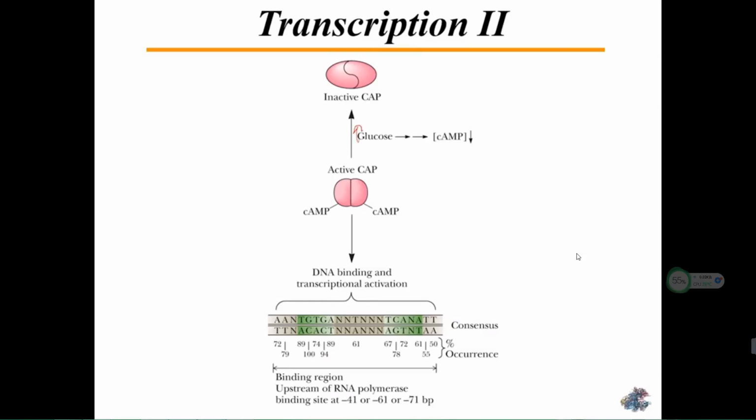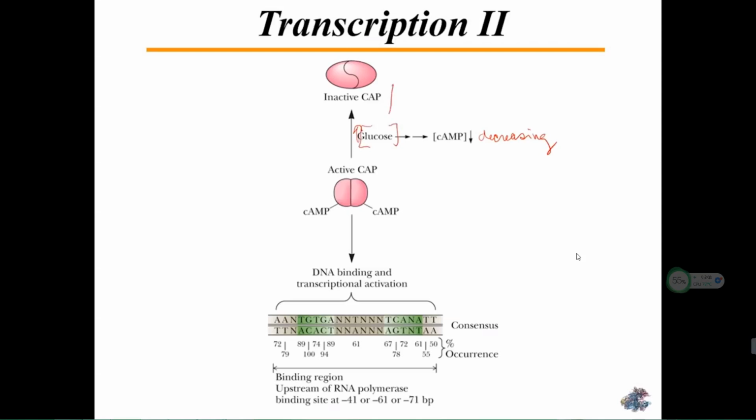And we won't go into that process because it's an extensive pathway involving phosphoenolpyruvate and adenylate cyclase. But just know as the catabolite levels increase, so glucose concentration, so you can probably write concentration here, when lactose is present, the levels of cyclic AMP decrease. Because CAP needs cyclic AMP to be activated, this leads to inactivation of CAP.